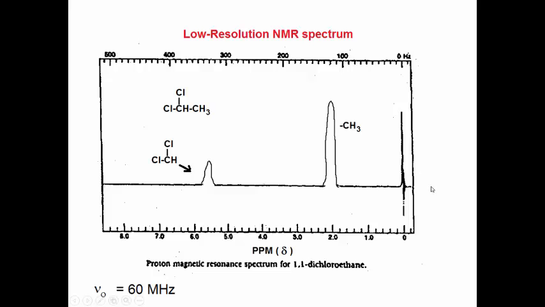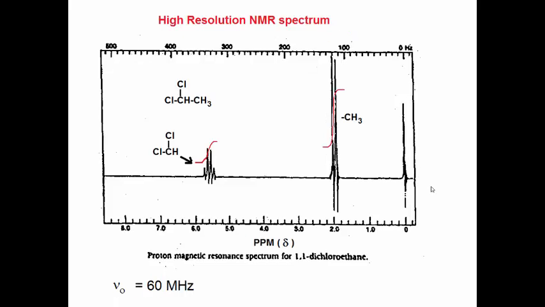Alright, let's rerun the NMR spectrum of this compound, 1,1-dichloroethane, but this time let's do it at high resolution. Let's take a look at the high resolution spectrum. Aha! Looks quite different.